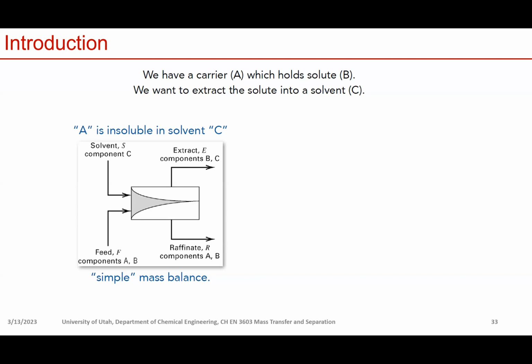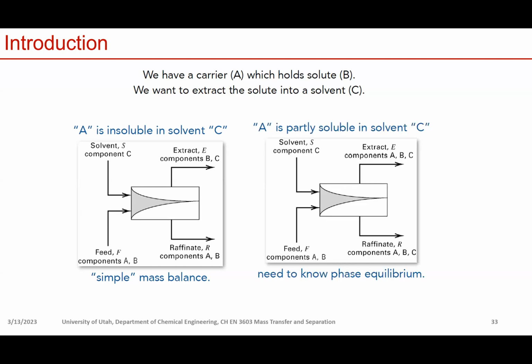For this problem, we can apply a simple mass balance. If we know the flow rate and the composition of the feed, then the flow rate and composition of the extract and the flow rate and composition of the raffinate are constrained by the mass balance. In another case, if A is partially soluble in solvent C, things get a little more complicated.